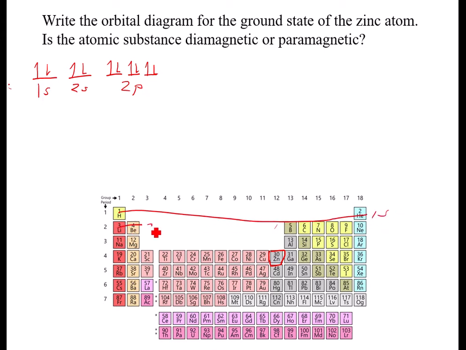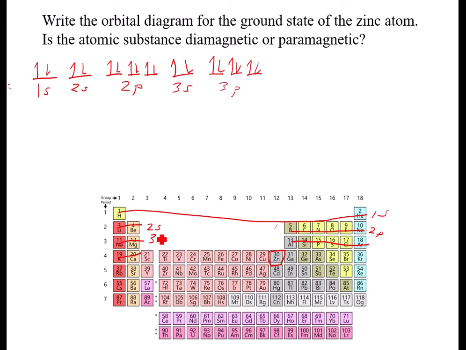This was my 2s. This is my 2p. So down here, this is 3s. So I have 3s. Then I do 3p. I'm going all the way through it. So 1, 2, 3 is 3p. So 1, 2, 3, 4, 5, 6.